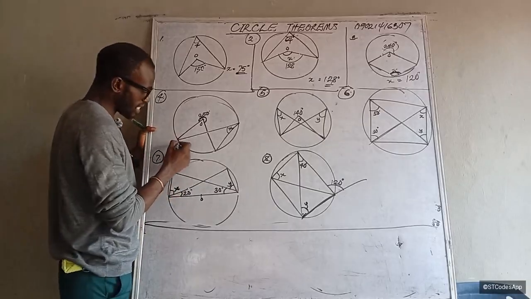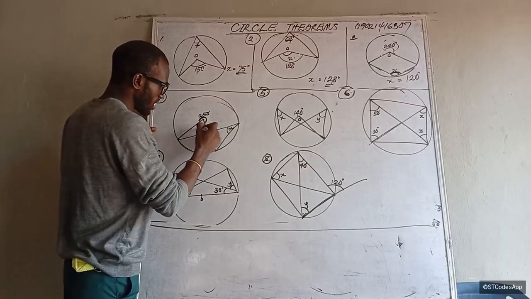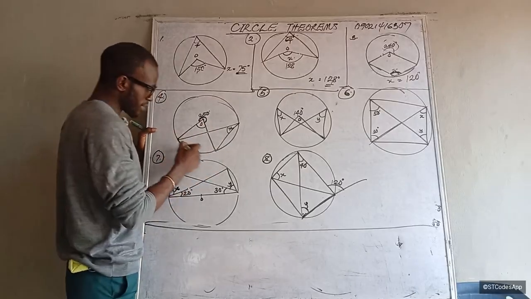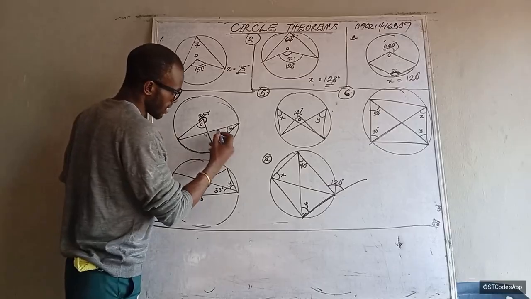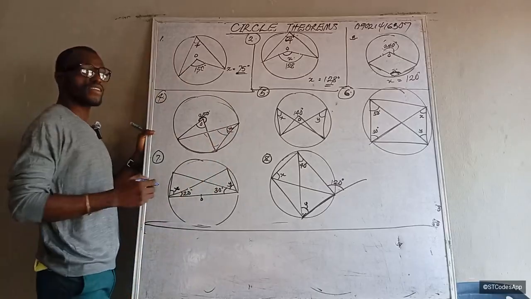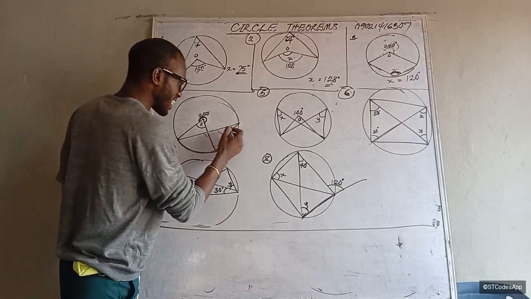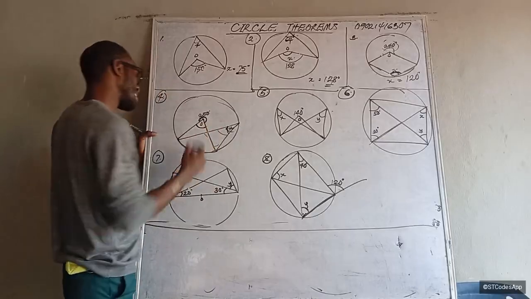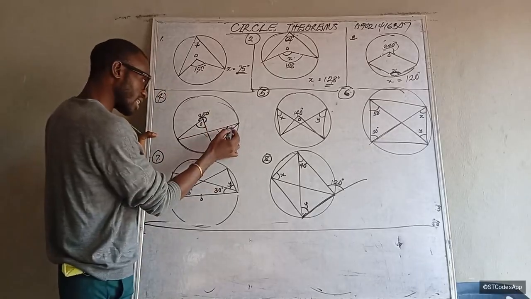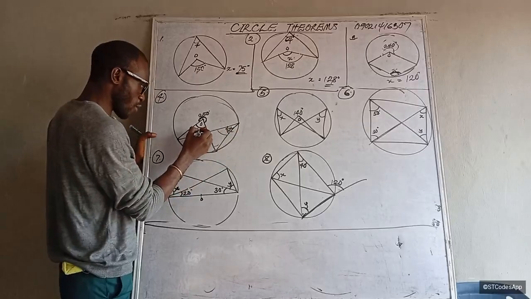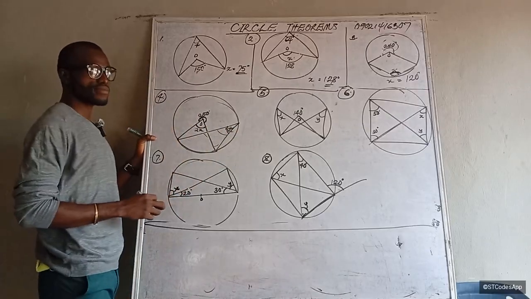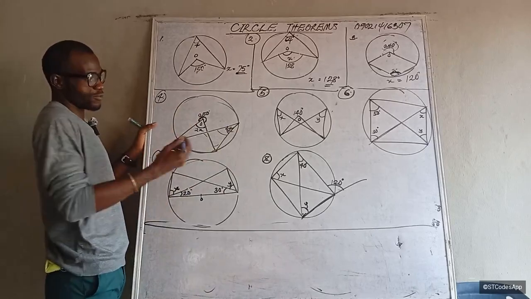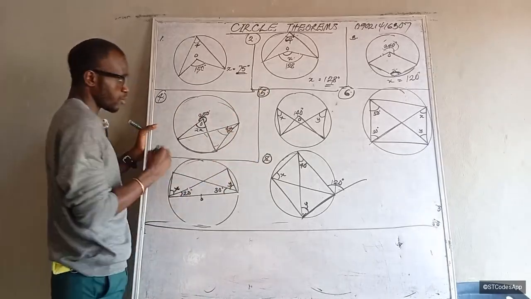You know that this arc here is the one subtending this angle here, and it's the same arc that is subtending this angle here. So the angle subtended at the circumference will be half of the one subtended at the center. So if x is here, then it is 2x that is here. Is it clear now? So we can even use simple algebra.